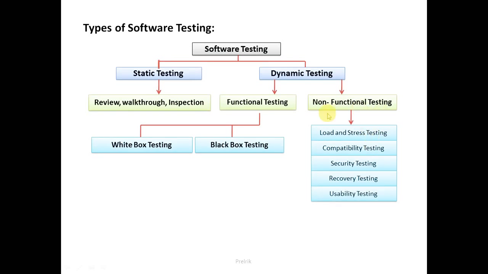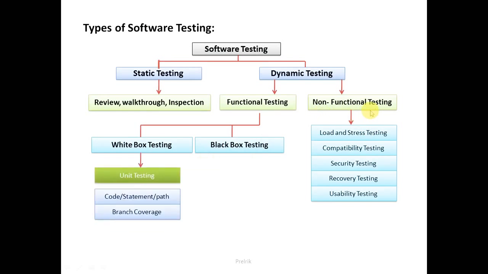Here a non-functional part is explained, but we'll come to that later. First we are going to see white box testing. Unit testing is a part of white box testing because it applies at the coding level. In unit testing, a unit tester will see that each unit or each piece of code is working as expected. How can we achieve unit testing? You can achieve it by statement coverage, path coverage, branch coverage and code review.